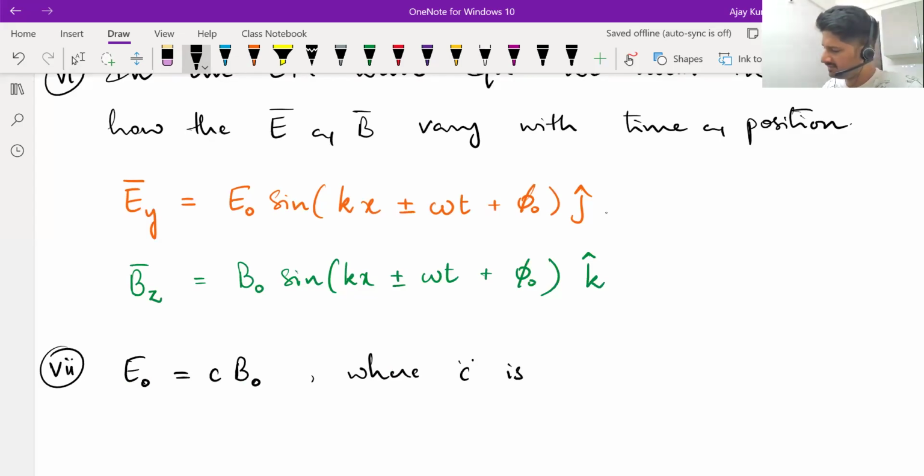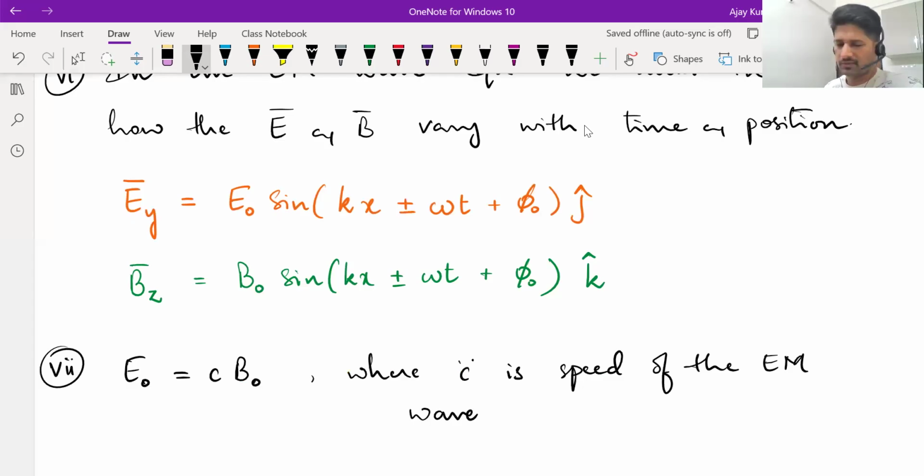Velocity of light. Speed of light in vacuum. Actually, to be more precise, we should say speed of the electromagnetic wave. Light is an electromagnetic wave, we know that. C is when it is in vacuum. If it's traveling in some other medium, you have to use the speed in that medium.